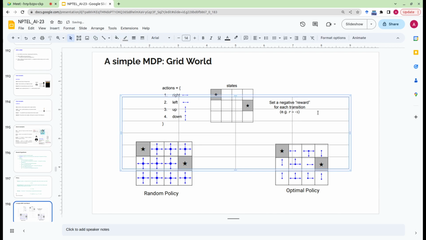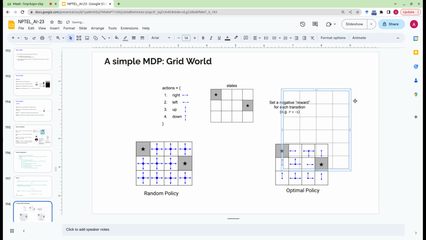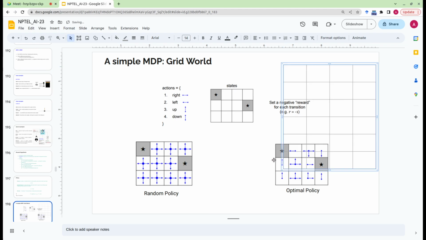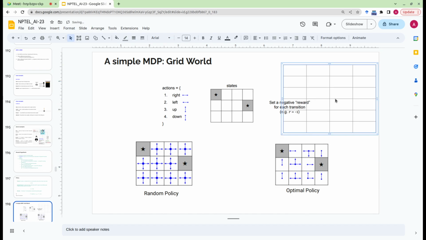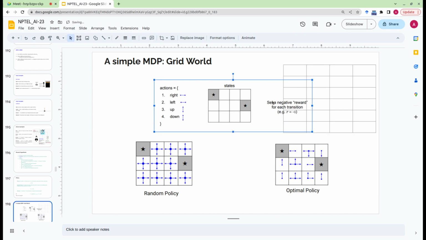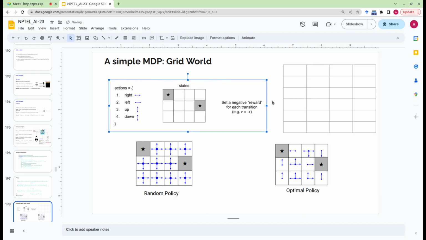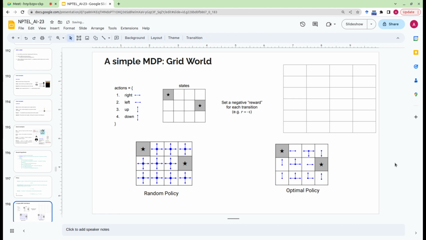So I'm giving an example. Let's say I ask you, there are 5 states and 4 actions.